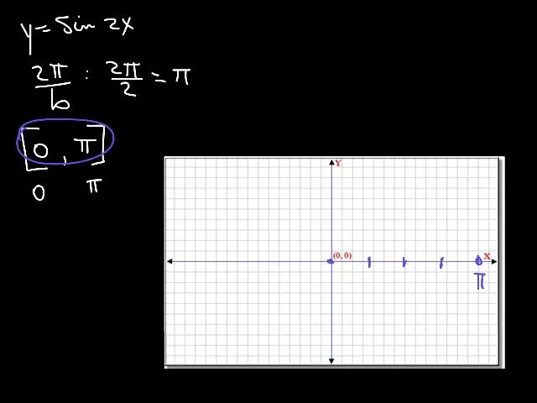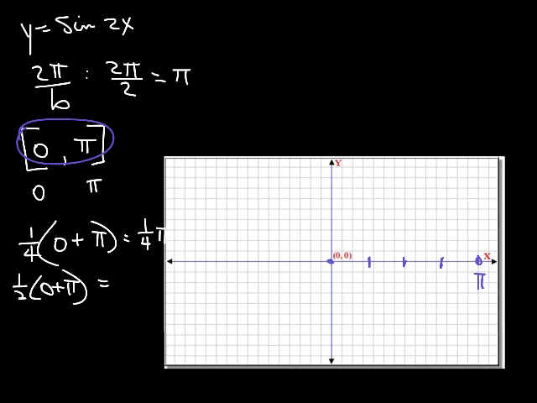Well, I take my quarter point, I'm going to take 1/4 times the sum of my endpoints, which equals 0 plus pi is just pi. Okay, so my first quarter is 1/4 pi. My halfway is 1/2 times the sum of my endpoints.